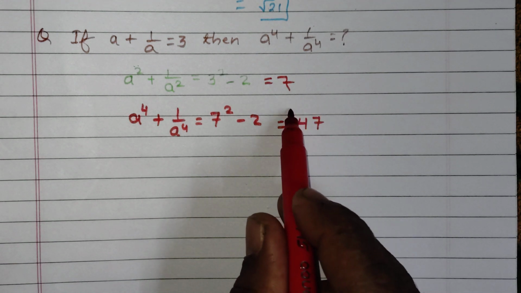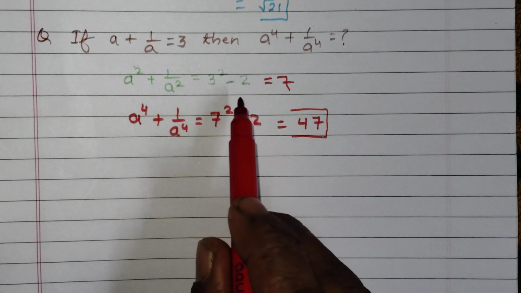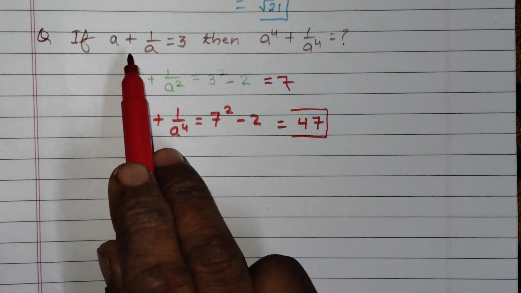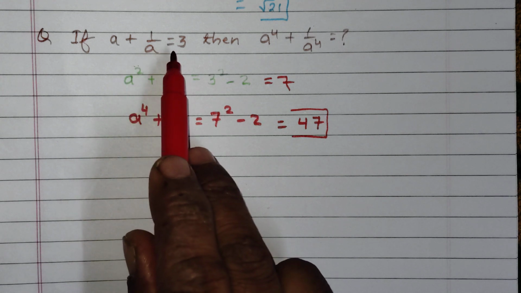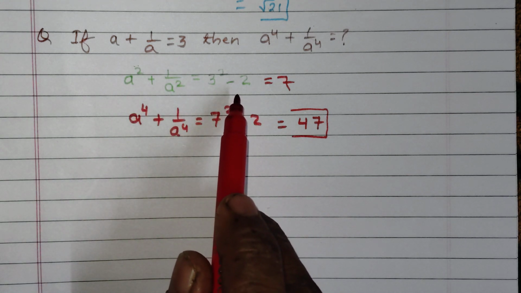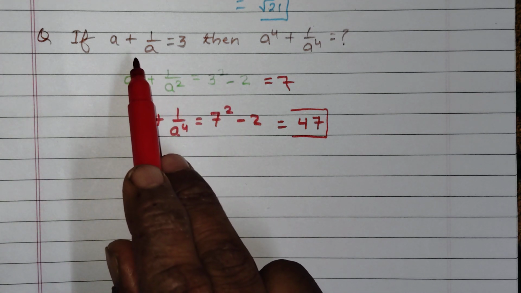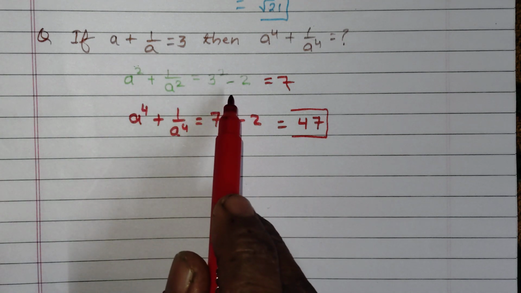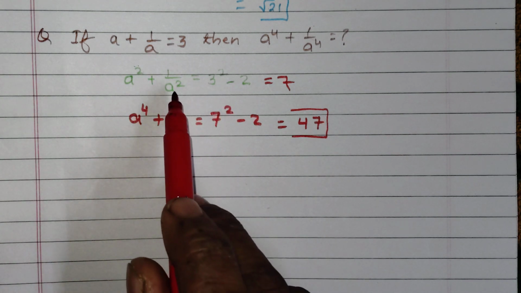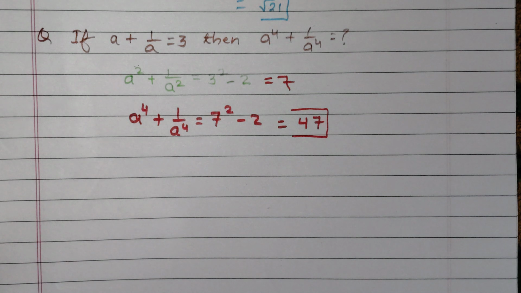So this is the answer. Here we use this formula 2 times. If a plus value is given, then we write minus 2. If a minus value is given, then we write plus. So 2 times this formula we are using here and we get a raised power 4 plus 1 upon a raised power 4.